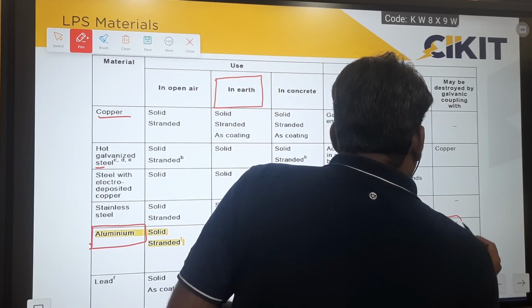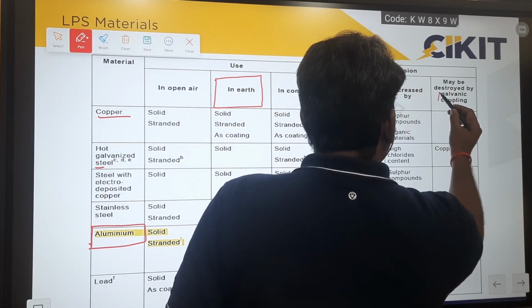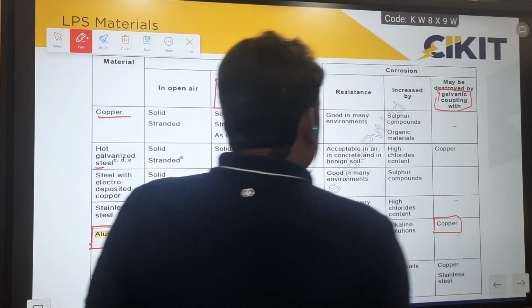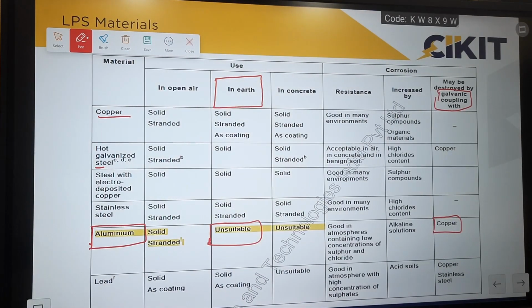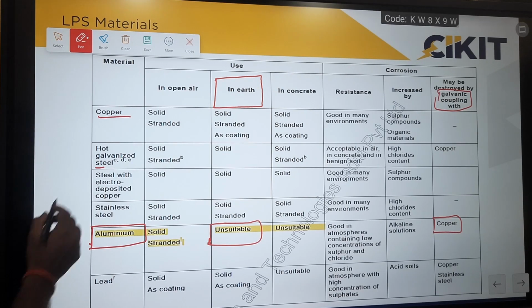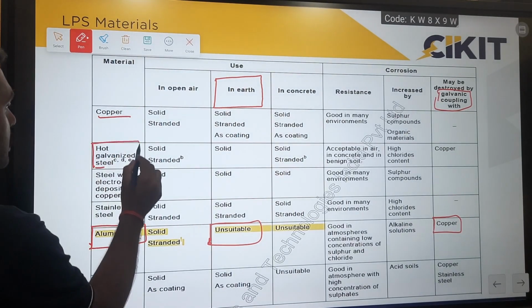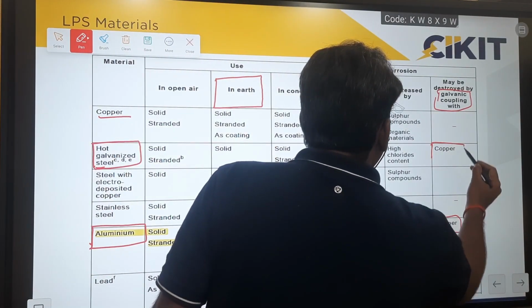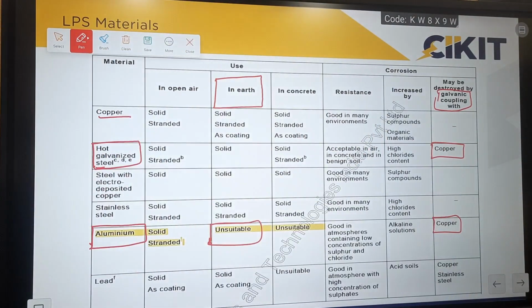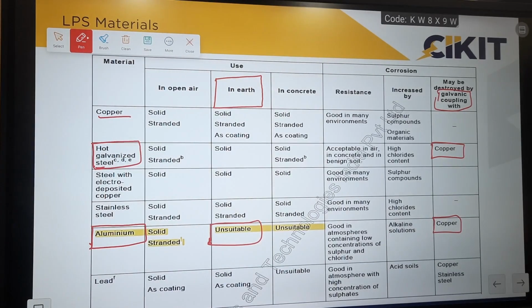This corrosion is called galvanic corrosion. Aluminium should not be directly connected with copper, and hot dip steel also is not recommended to be connected directly with copper. In these applications, we have to use bimetallic connectors for making contact between the different materials.